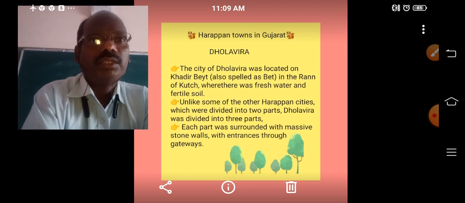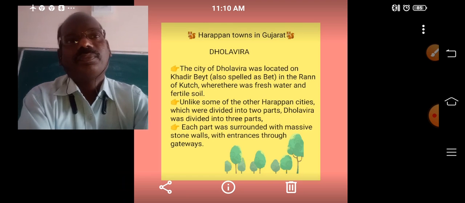But in Dholavira, they used stone. Also, in these walls, here and there, many gateways were there. So the stone wall and the gateways are another feature of this civilization.